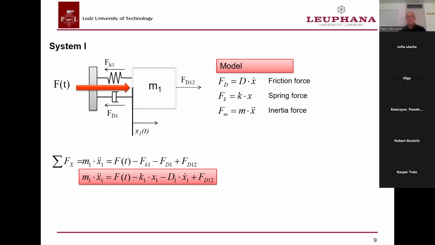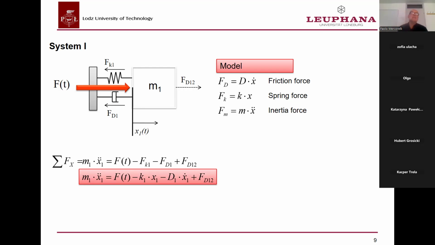And we have a friction force, the spring force, and the inertia force, characterized by the damping factor D for the friction force, the stiffness factor K, or spring factor, multiplied by X, and the inertial force is characterized by the mass as a constant. Of course, the mass is multiplied by the acceleration to describe the inertial force.